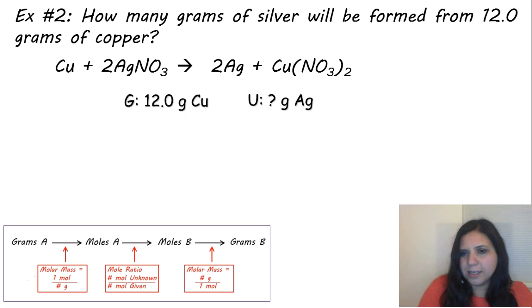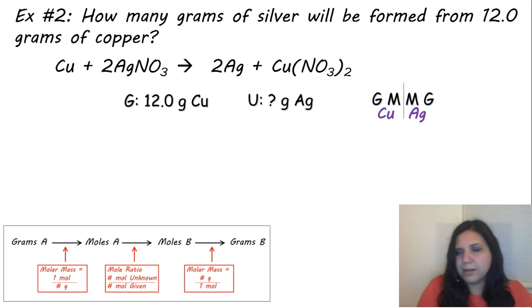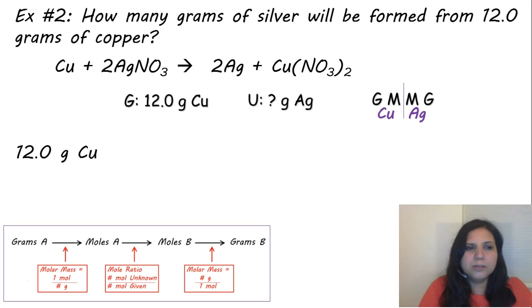The unknown is grams of silver. This is a gram to gram problem, a gram of something, copper, to a gram of something else, silver. So all 3 steps. 12 grams of copper is what I'm starting with.